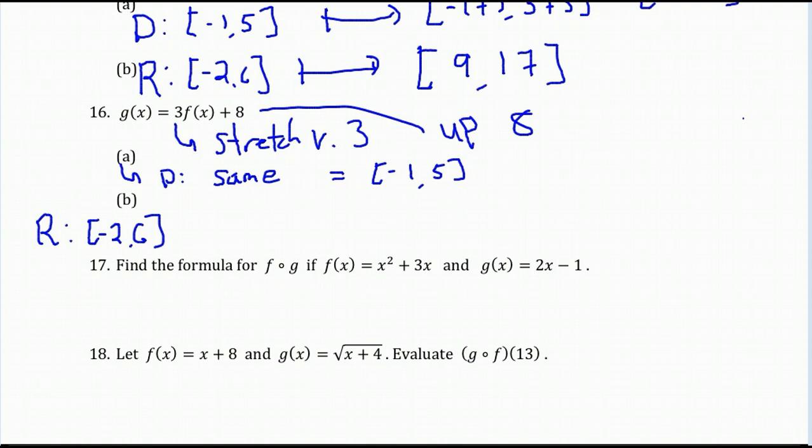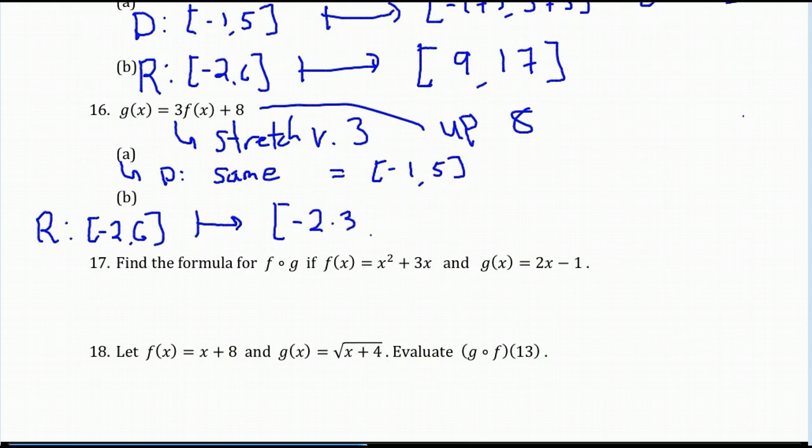For the range, we're going to stretch it by a factor of 3, which means multiply by 3. And then we're going to add on 8. So again, we multiply the endpoints by 3, and that gives us negative 6 and 18. And then next, we're going to add 8 units on to the endpoints.